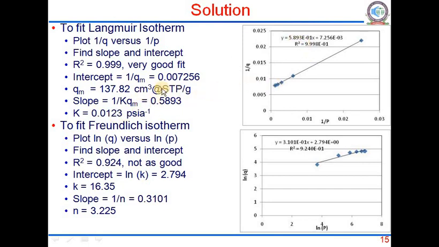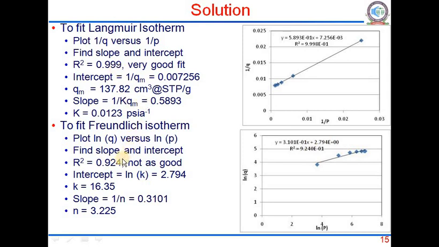If you want to fit Freundlich isotherm, plot log Q versus log P. This is log Q plotted versus log P, and you can see a straight line fitted. The slope is here and the intercept is here. R square is 0.924, not as good as Langmuir.